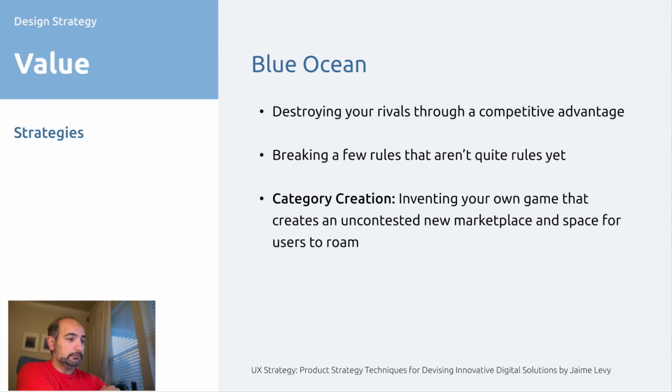Breaking a few rules that aren't quite rules yet, category creation, and this is the important part, inventing your own game that creates an uncontested new marketplace and space for users to roam. That's how your users differentiate you and your products over all other competitors. That's how the blue ocean could be created.